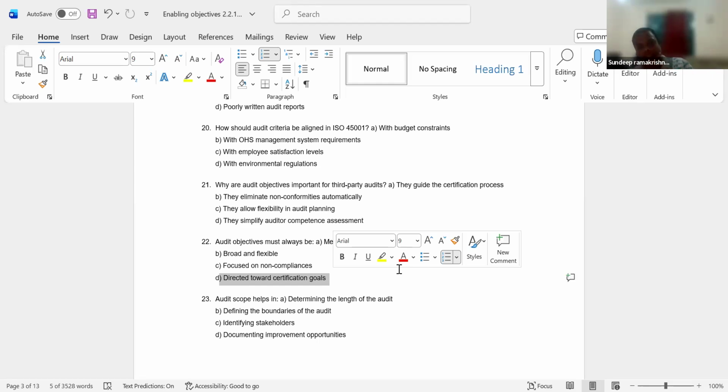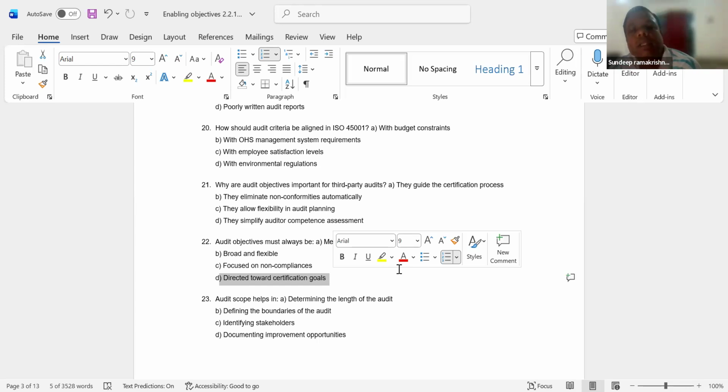So guide the certification process is one of the best answers. See, why are objectives important for third party audits? Important is the word you have to focus on. Once the audit objectives are achieved, only then will the company be considered for certification.